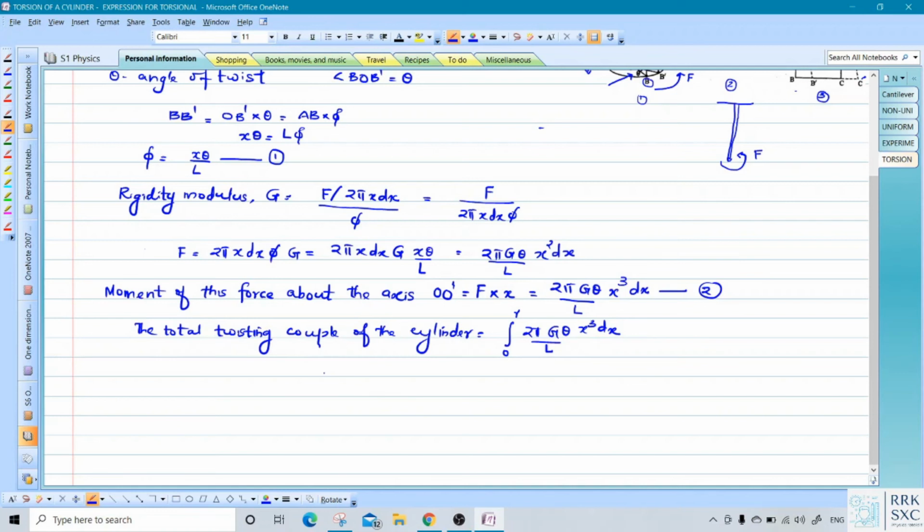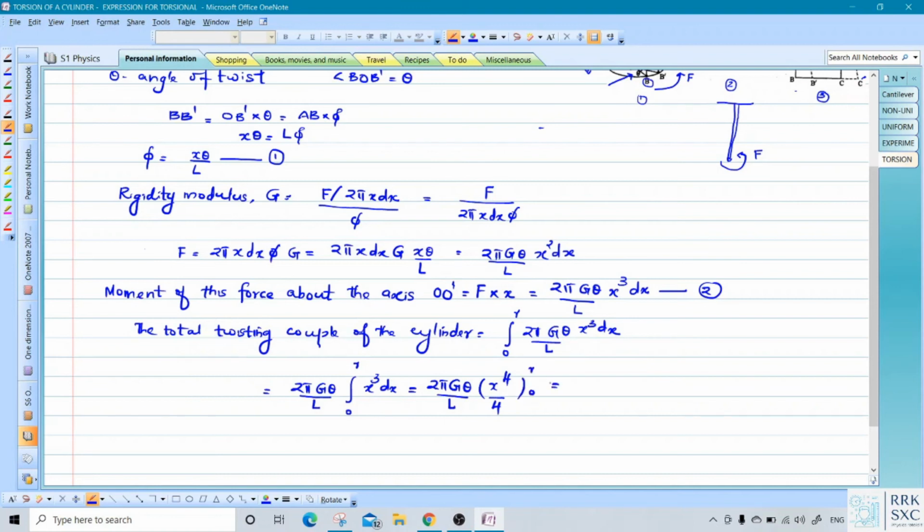So now let us integrate it. 2 pi G theta by L are constants. Integral 0 to r of x cube dx: when you integrate x cube, you have x raised to 4 by 4 between limits 0 to r.